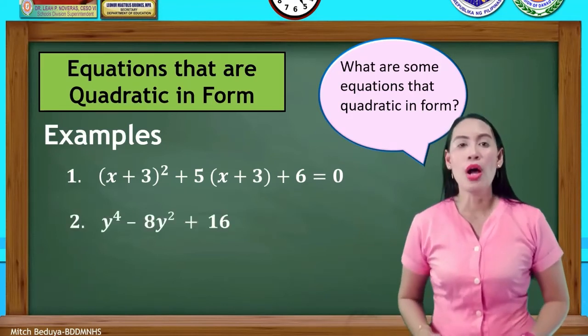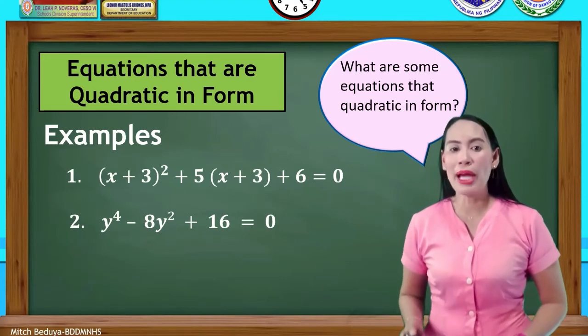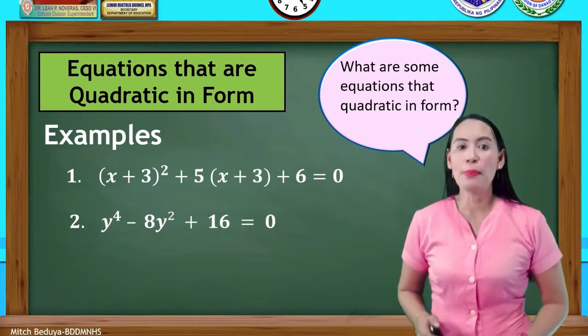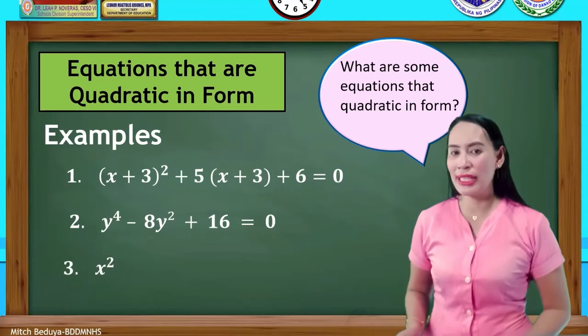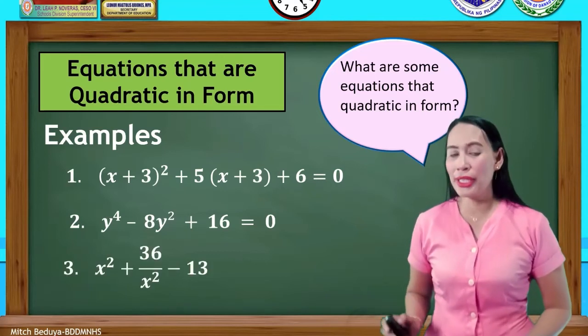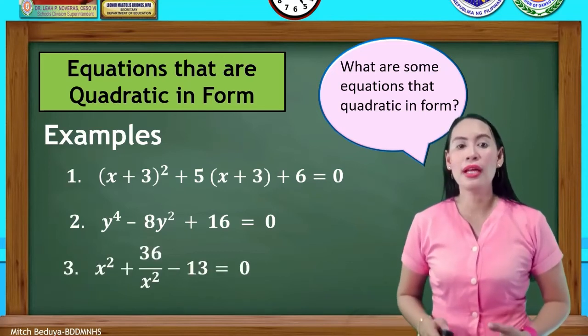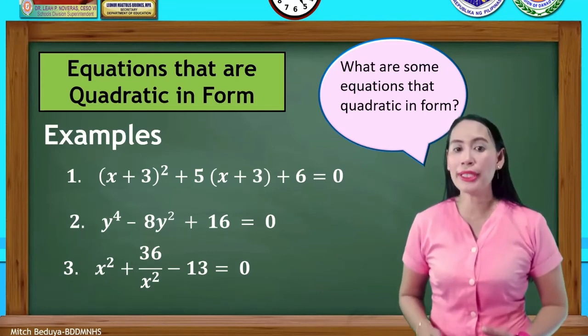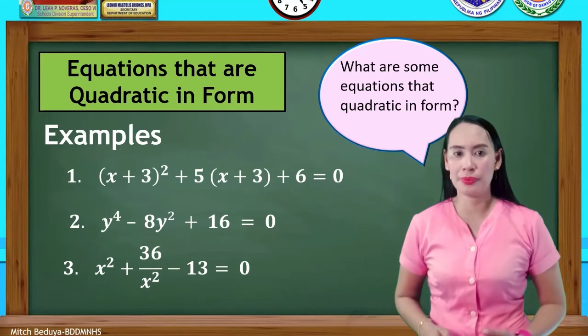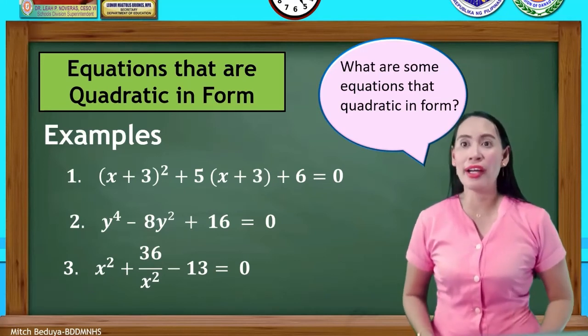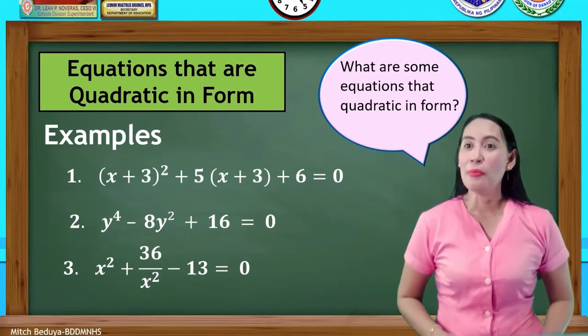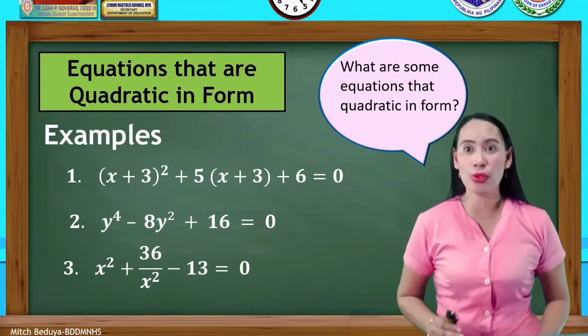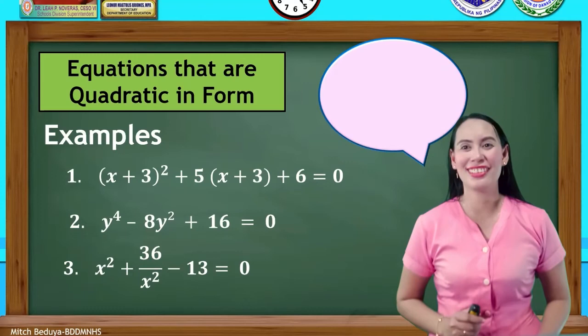Number 2, y to the 4th minus 8y squared plus 16 equals 0. Number 3, x squared plus 36 over x squared minus 13 equals 0. Some equations here are not exactly quadratic, but can either be made to look or generate quadratic equations.